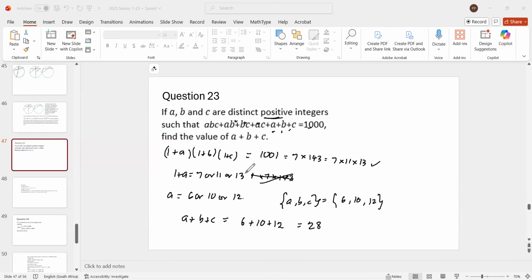So the answer to this problem is 28. And the trick here was to recognize that this thing here is connected to this product. See, that is the thing about mathematics, higher mathematics or problem solving. Over the years, you pick up a lot of little facts. And you have to just remember these little facts because they come in to be quite useful in problems.